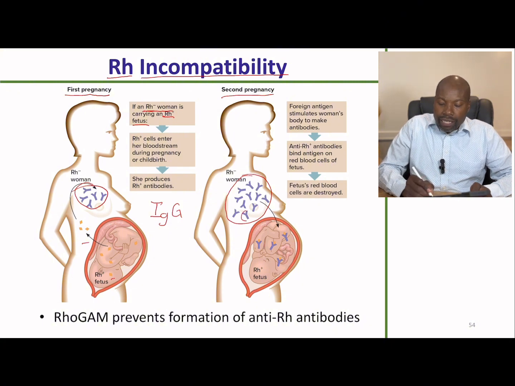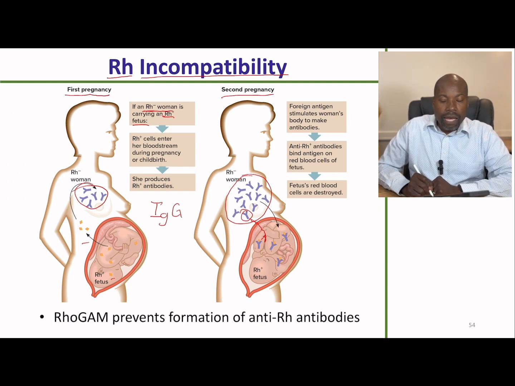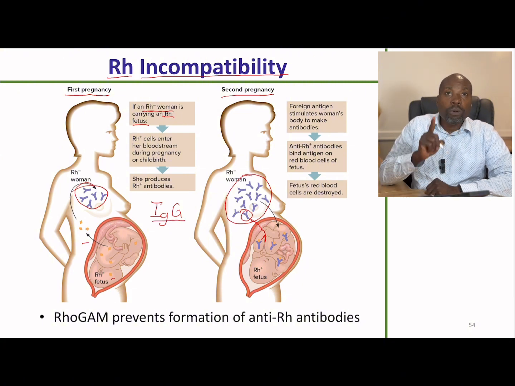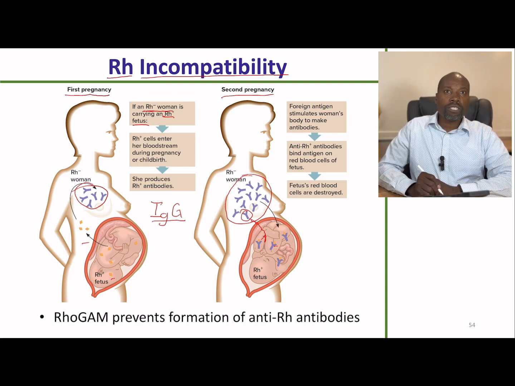These IgGs are able to leave mom's blood and go into the fetus during the second pregnancy. And as they go into the fetus, these IgGs are going to target the rhesus factors of red blood cells in the fetus. As a consequence, these red blood cells in the fetus are going to die.